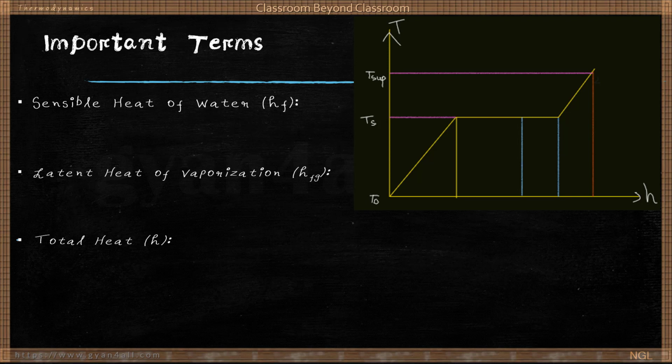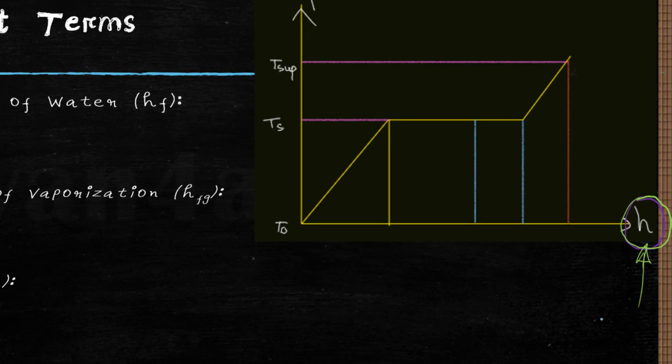What is H? H stands for heat, total heat you can say, and a more appropriate term is enthalpy. So this is the temperature enthalpy diagram.